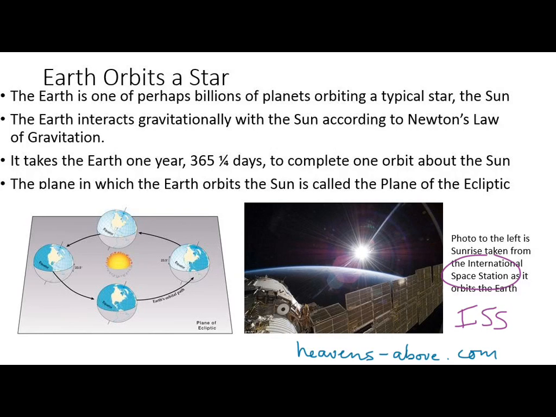And what that will give you is pass information for the International Space Station. So I'll try to keep an eye out and let you know where to look in the nighttime sky if you want to see that. And it just goes like this, and you'll like it.